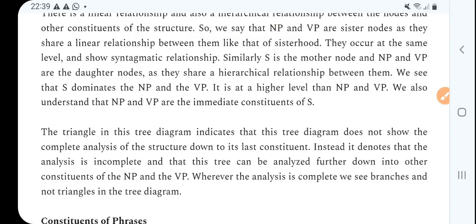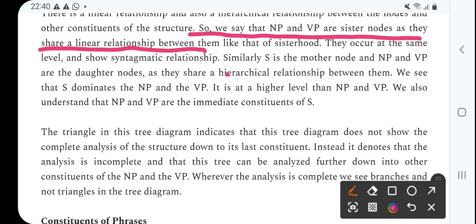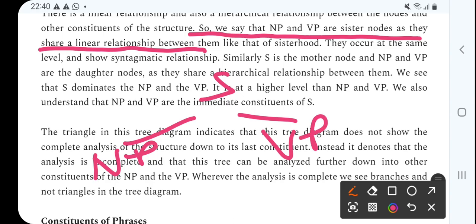Now we say that NP and VP are sister nodes as they share a linear relationship between them. Because this is NP and this is VP, this is linear.